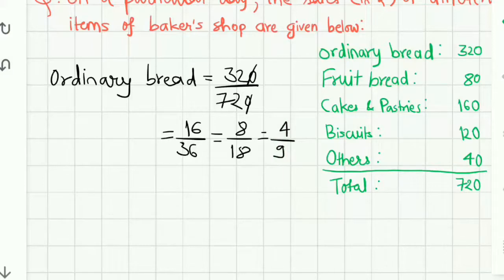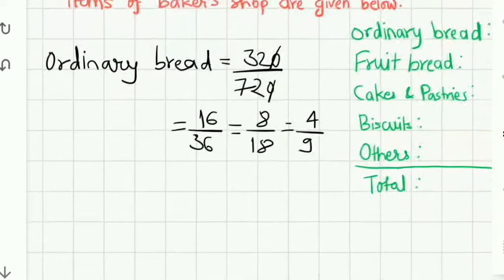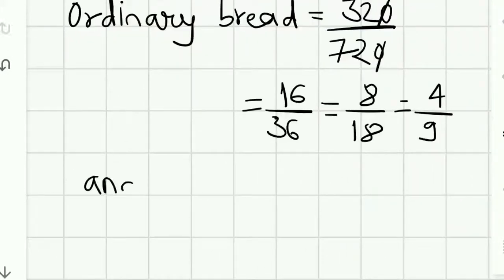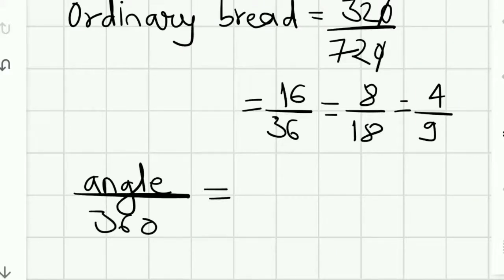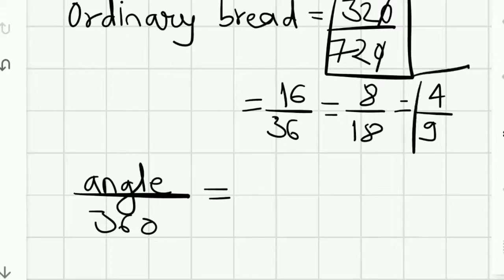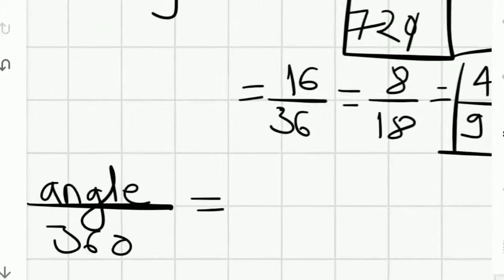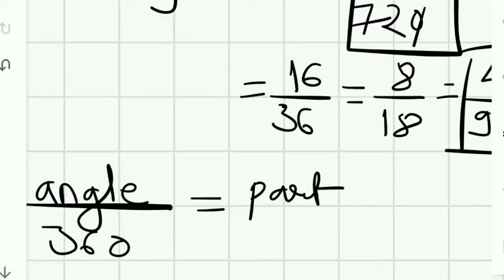Okay. So what will be the angle that represents this particular fraction? We have the formula angle upon 360 equal to part upon whole, that is 320 by 720, which when simplified comes out to be 4 by 9. So it will be the same as part upon whole.